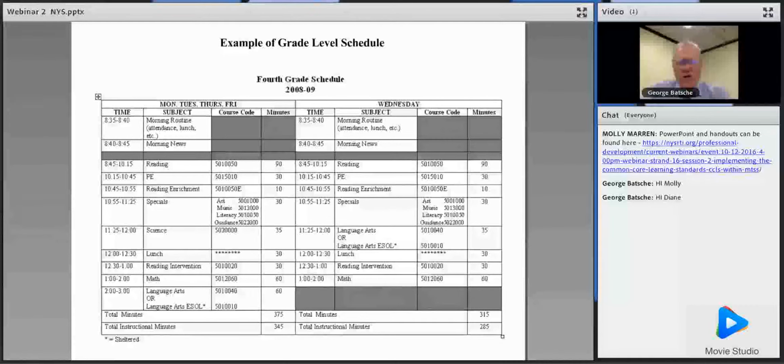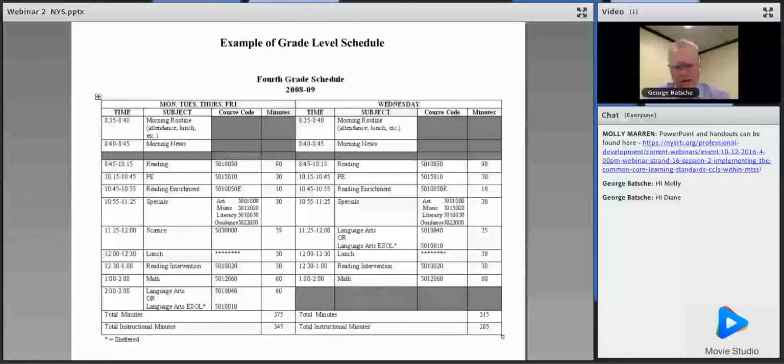You will also notice, looking across the top, that the schedule is different for Monday, Tuesday, Thursday, and Friday than it is for Wednesday. So if you happen to have a pen or a pencil in front of you, a couple of things I want you to write down here in a moment.